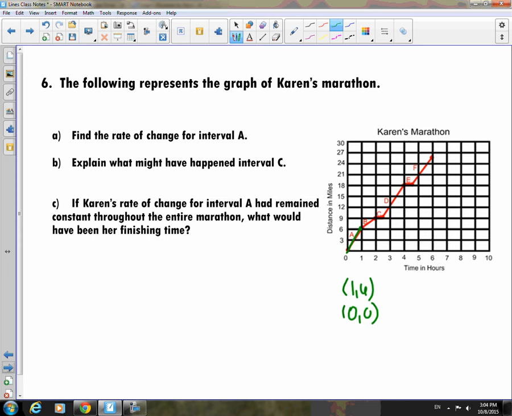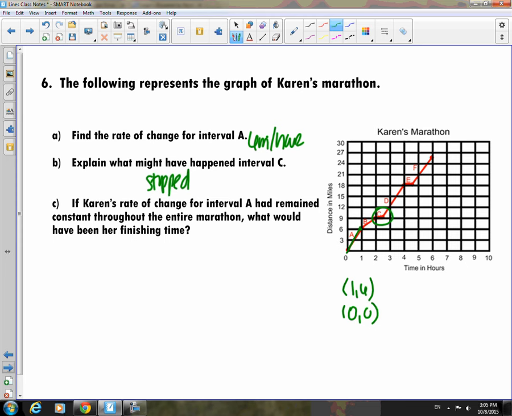So she is running 6 miles per hour there because she made it 6 miles in that first hour. What might have happened to her in interval C, which is right there? Well, she hasn't gone anywhere, so maybe she stopped at a water station right there.